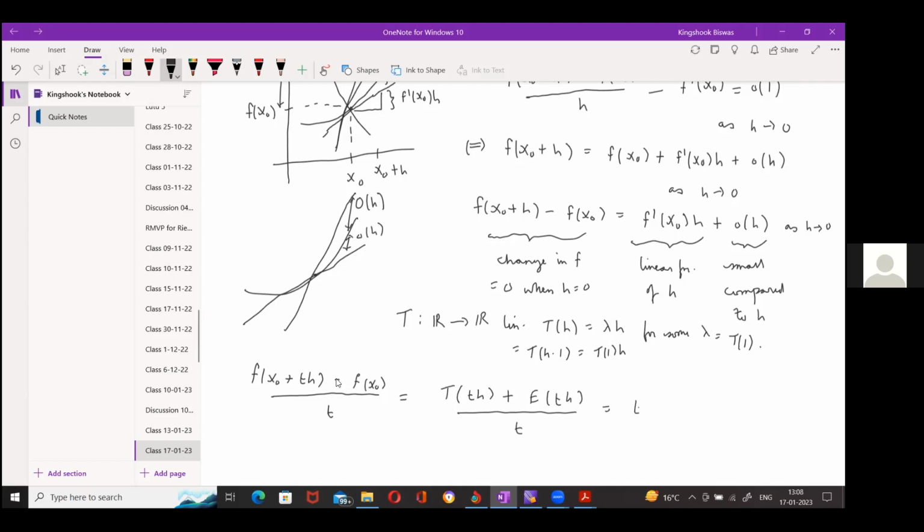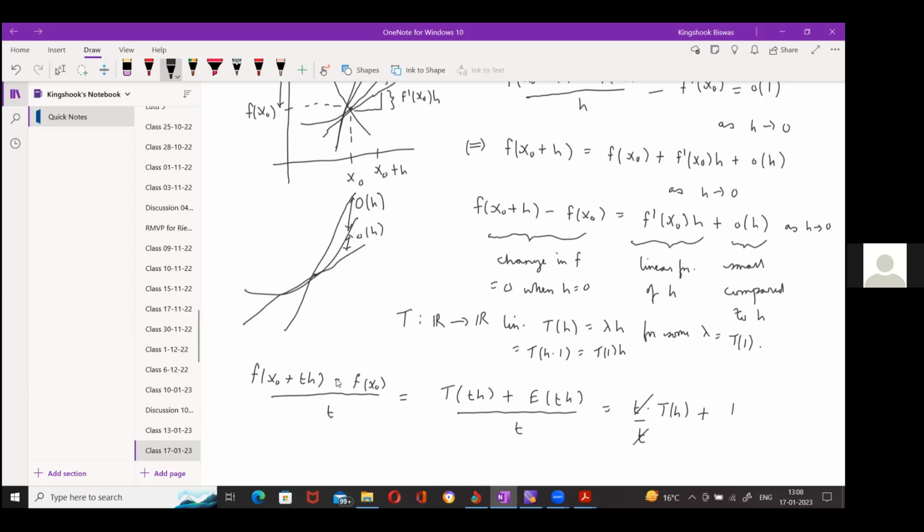Now this capital T is a linear map, so the t will come out here. So this will become t times T of h over t, so the t and the t will cancel, and t is non-zero. Plus, let me assume h is non-zero.